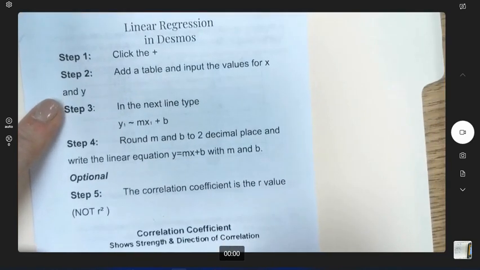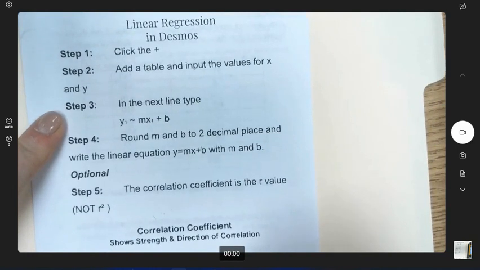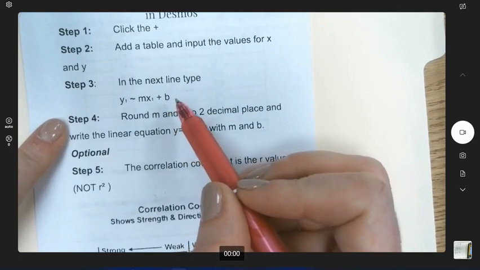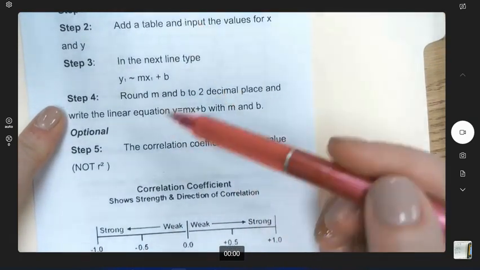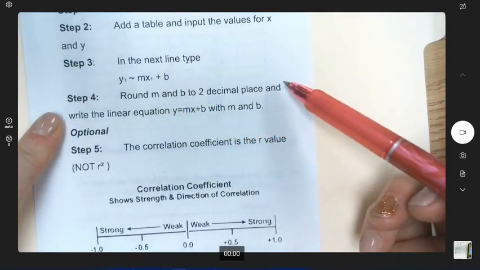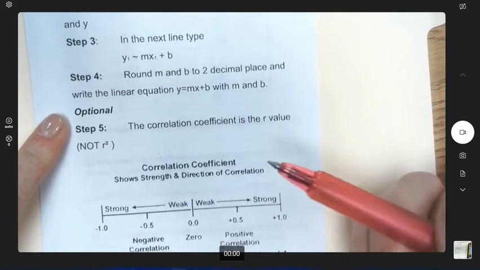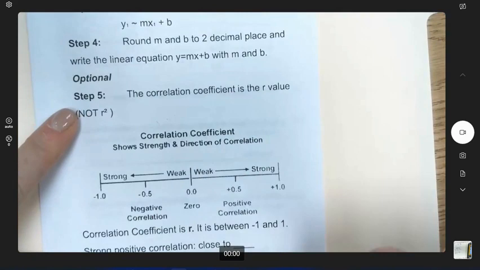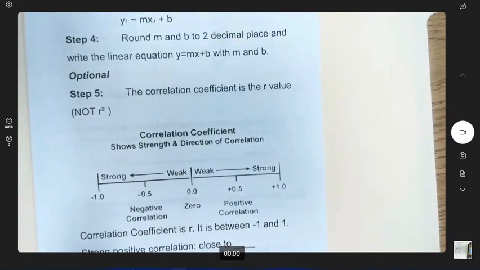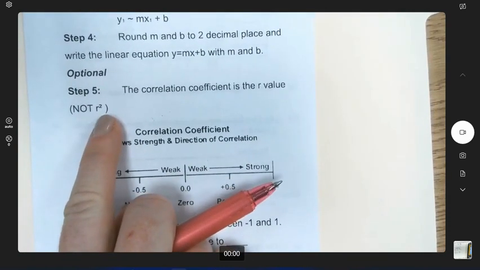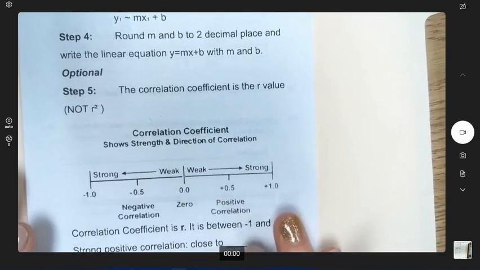Input X and Y. Step 3, in the next line, type Y1 squiggly MX1 plus B. Step 4, round M and B to 2 decimal places and write the linear equation Y equals MX plus B with M and B. Optional is your correlation coefficient. So it's R, not R squared. In Algebra 1, we are not going to look at R squared.